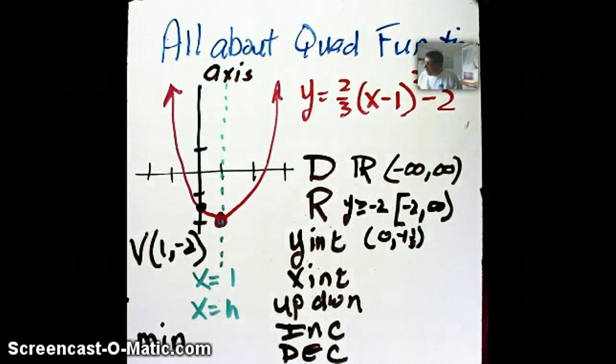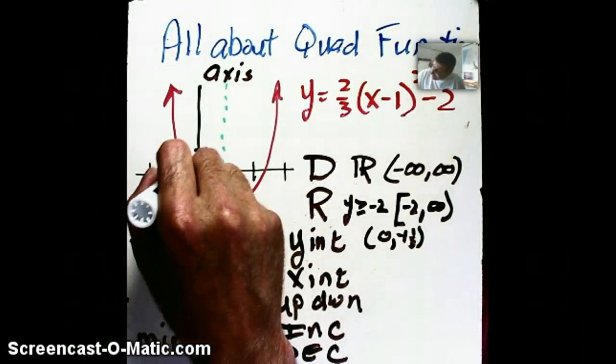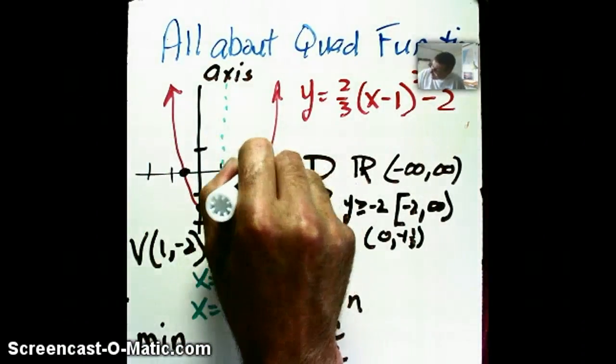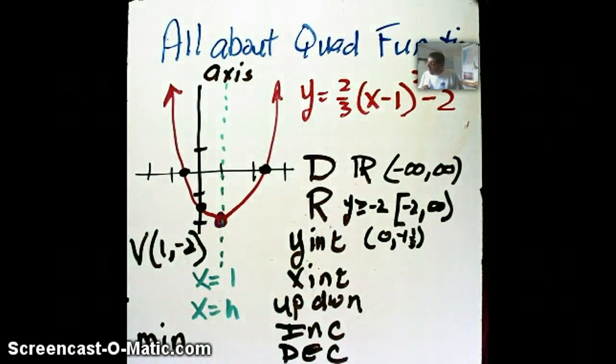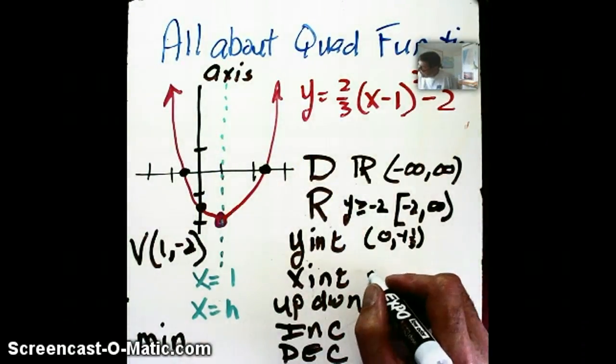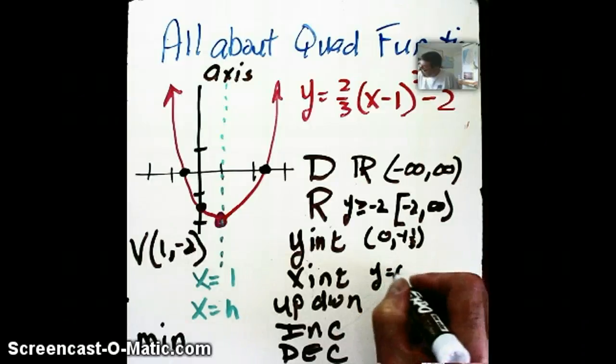Now, what is the x-intercept? To find the x-intercept, that would be these points right here. And notice in that case the y is 0. So what you do for this is you set the y equal to 0 and then solve.